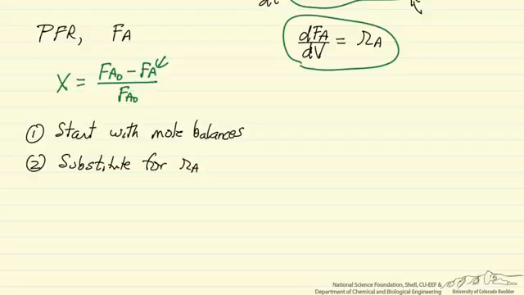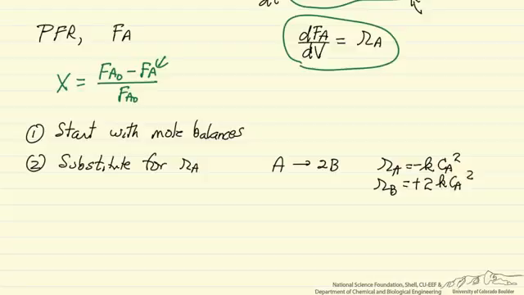For example, if we had A goes to 2B and the rate of reaction is the rate constant times the concentration of A squared, there's a minus sign for A because it's a reactant. The rate of B has a plus, and there's a 2 for the stoichiometric coefficient. We would substitute these into the appropriate equation, keeping in mind the stoichiometric coefficients.